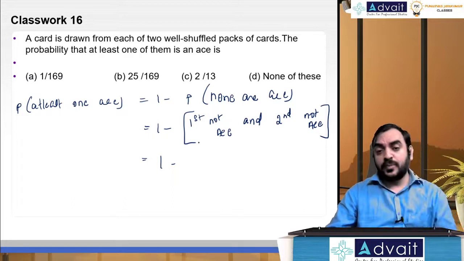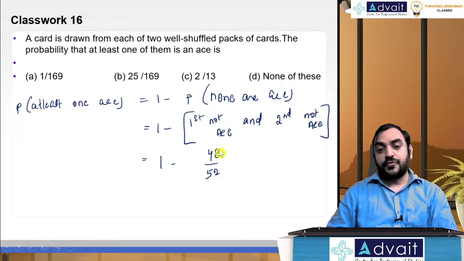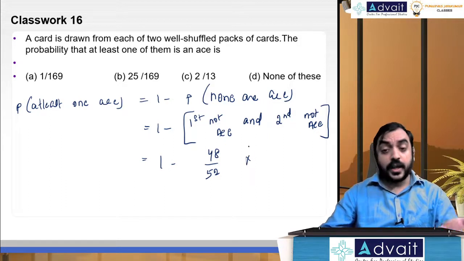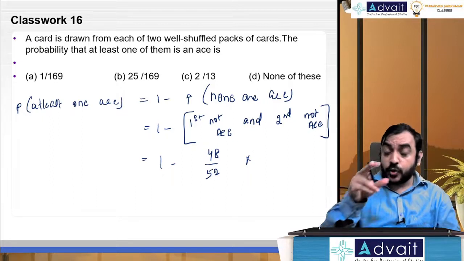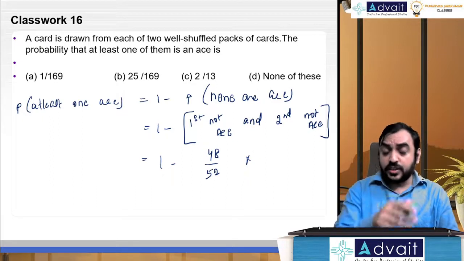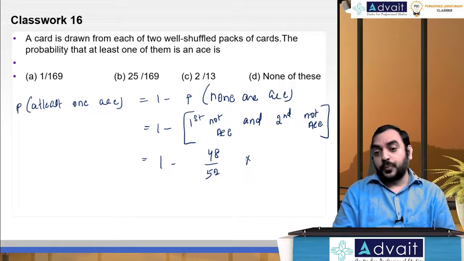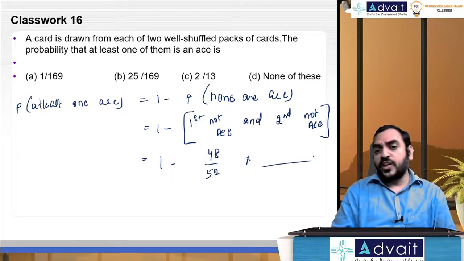How many aces will be there? 4 varieties. So you can select 4 out of 52. No, it should not be an ace. So 48 out of 52. It should not be an ace, remaining 48. And multiply. Second also should not be an ace. Now tell me, division: should I divide by 51 or by 52? In the second draw, should the denominator be 51 or 52?